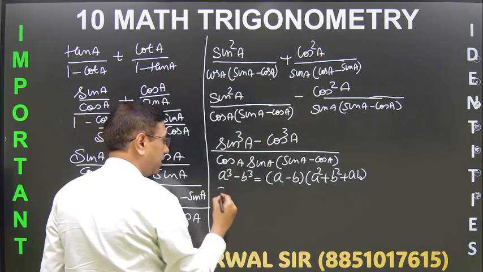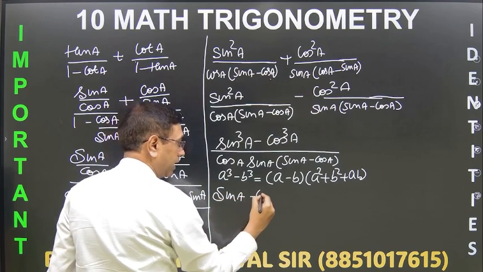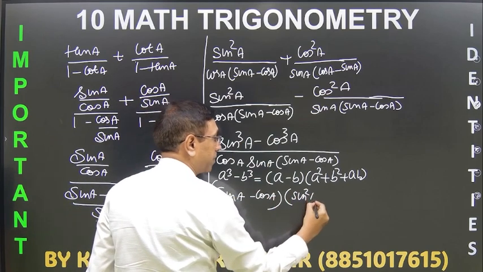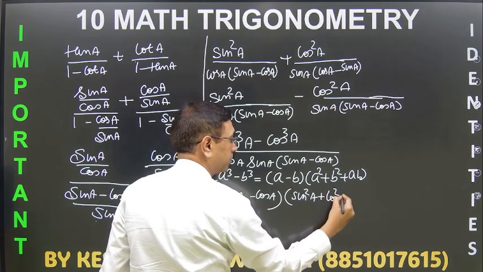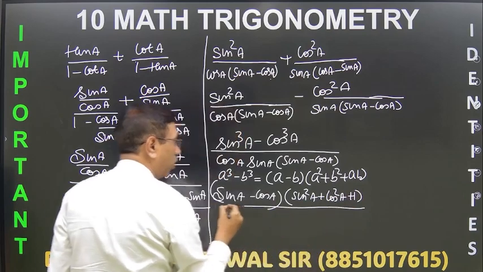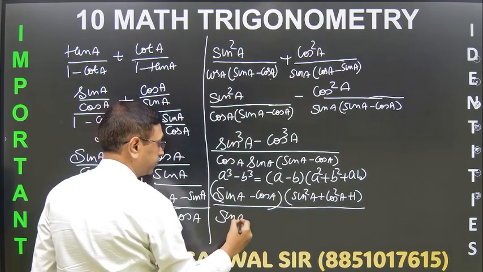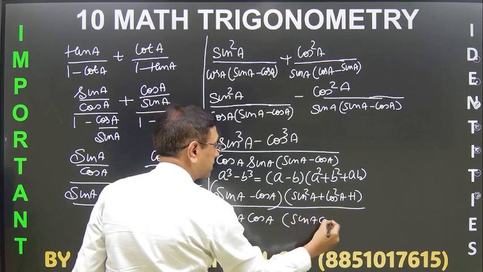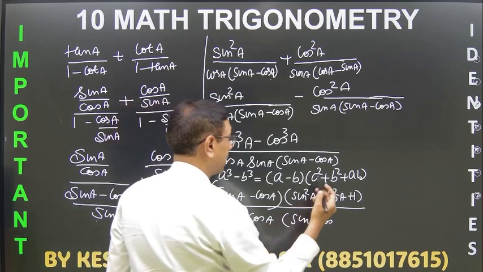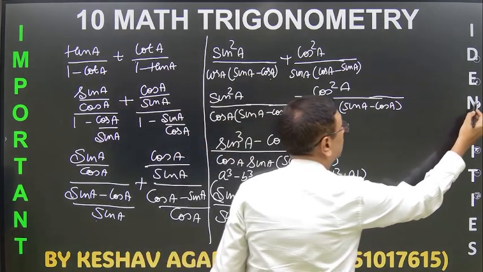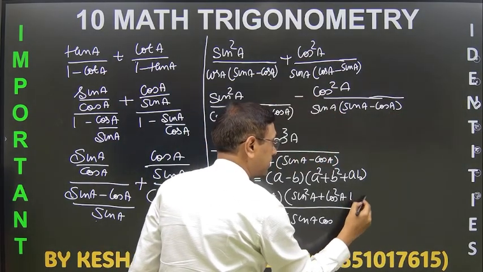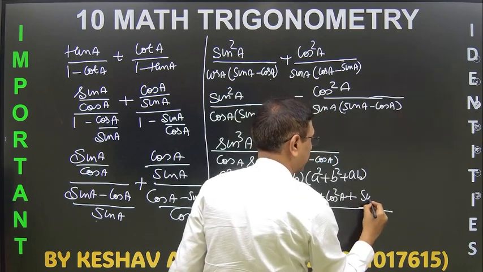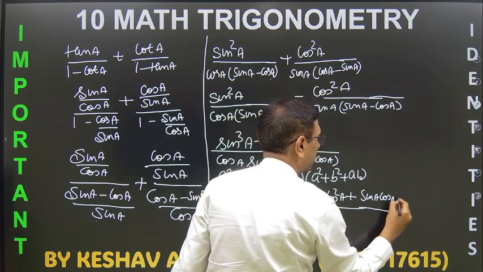So let us go ahead. Sin A minus cos A, A minus B. A squared plus B squared plus AB, so this will be plus sin A cos A. Okay, so one नहीं आएगा.